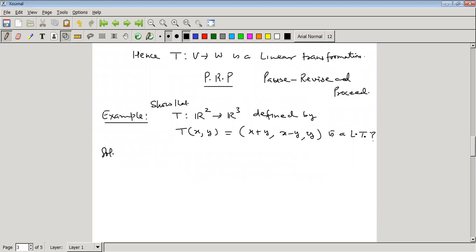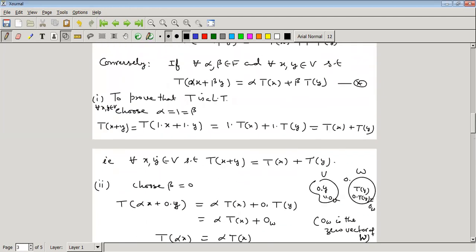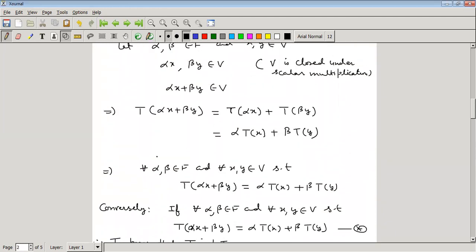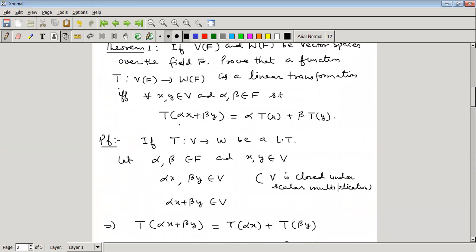Okay. So we have to check those two conditions. Because we have proved that T is a linear transformation if and only if T of alpha x plus beta y is equal to alpha times Tx plus beta times Ty, we can use this property.